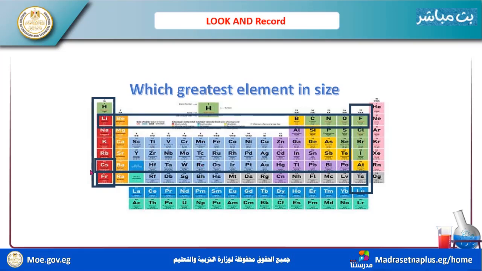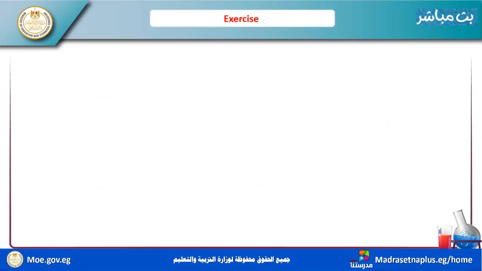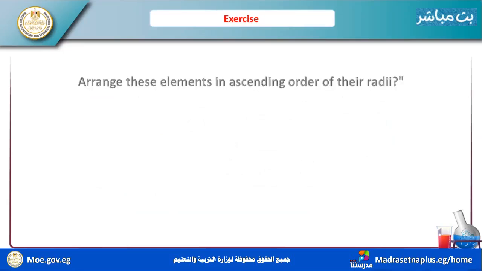So cesium is the greatest element in the periodic table. Okay, what is the smallest atom in size? It is fluorine, F. Fluorine, F, is the smallest one. Okay, now we can discuss these elements in the periodic table.